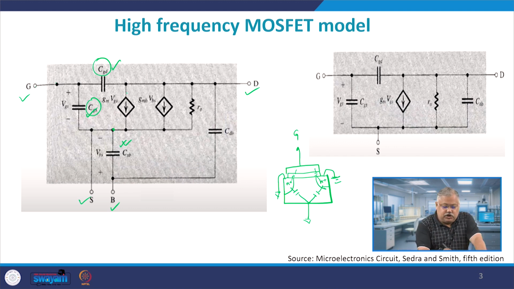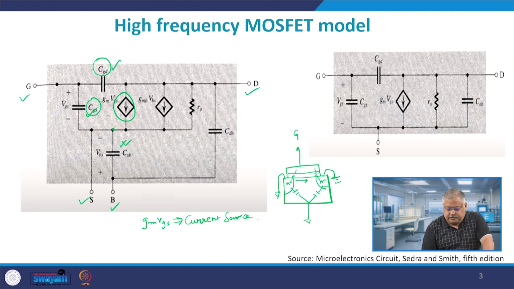Then you have this GM VGS, which is basically the current source in the inversion region. So, my GM times VGS is the current source for the MOSFET.